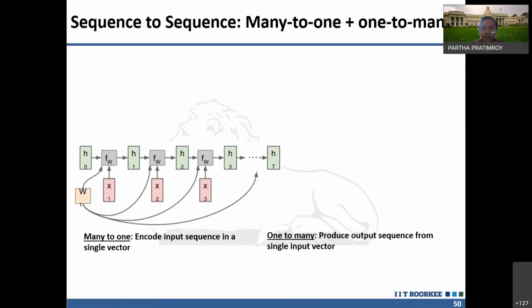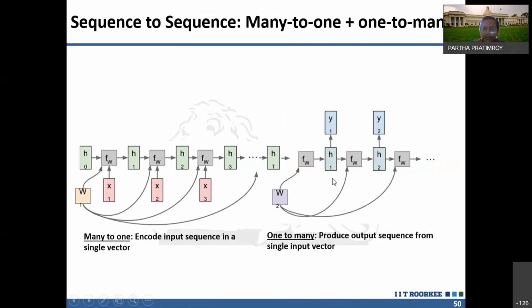You can also have many to many. That will generate sentence to sentence. For example, from one sentence you want to find another sentence, so from one language to another language.